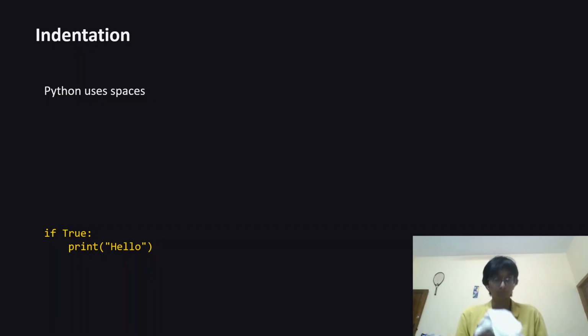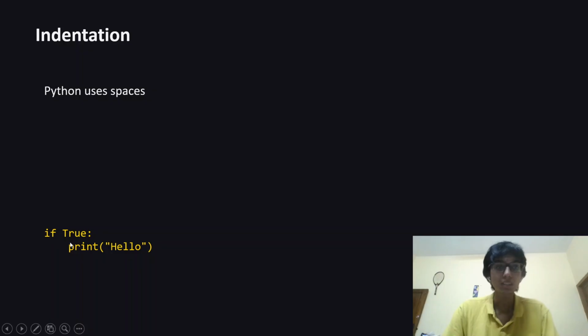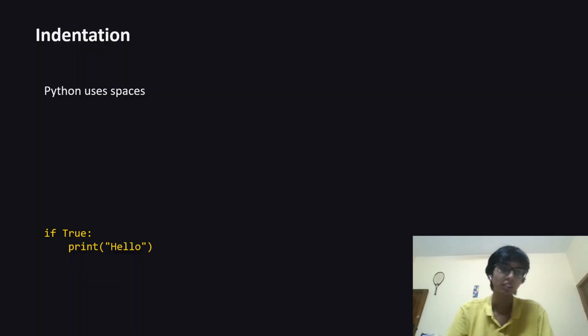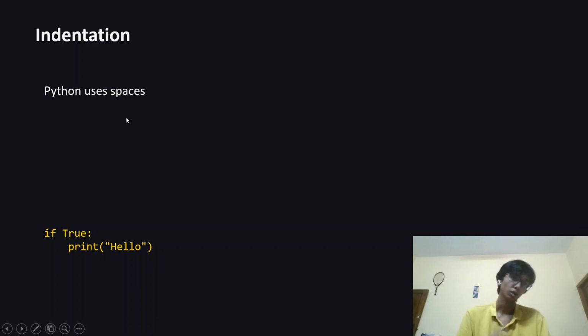Going to indentation. Python uses spaces. Not just Python, every other programming language, even if it's C, C++, Java, everything uses indentation. So indented space is used for everything, not just Python. Majority of programming languages do use the indented block. Python uses indented space also.